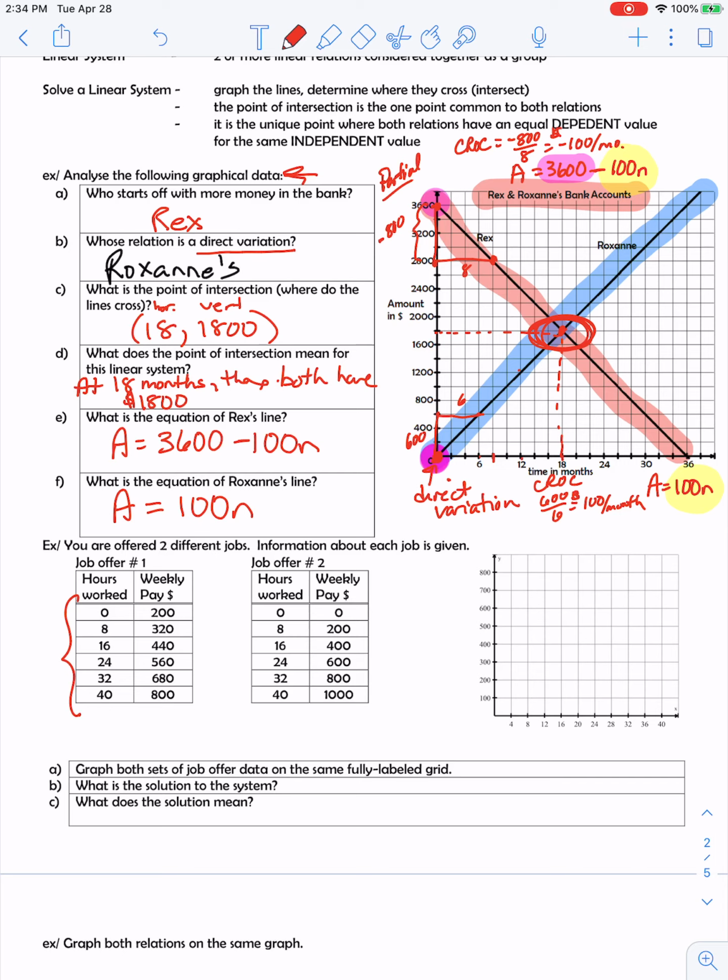So 0 and 200 is right there, and then 8 and 320 is about right there maybe. 16 and 440 is about right there. 24 and 560, 32 and 680, and then 40 and 800 is right there. So that is a straight line.